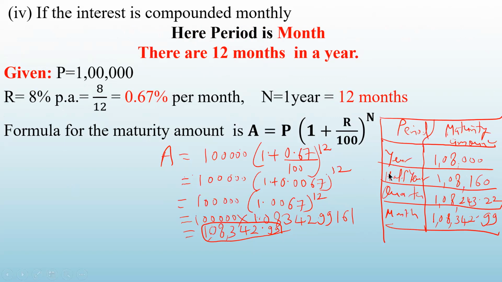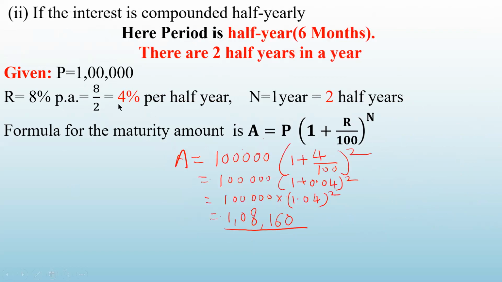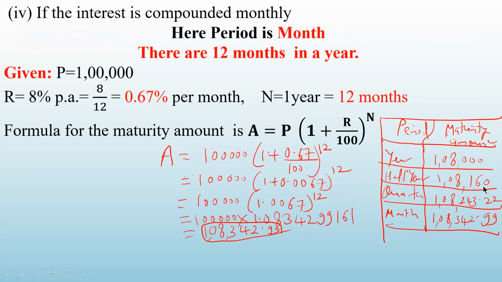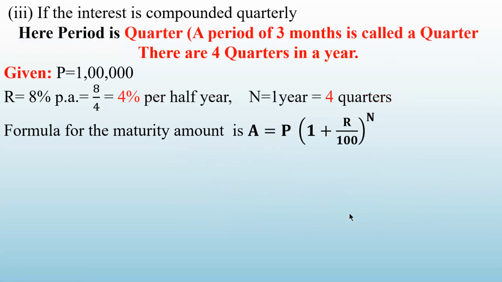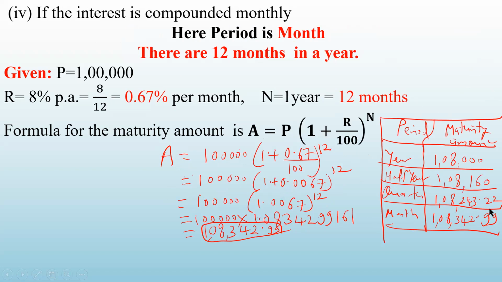If the interest was calculated half yearly, meaning 2 times in a year, you got the accumulated value as 1,08,160. If the interest was calculated quarterly, that means 4 times in a year, then you got 1,08,243.22. And finally, when the interest was calculated monthly, that means 12 times in a year, you got the accumulated value or the maturity amount as 1,08,342.99.